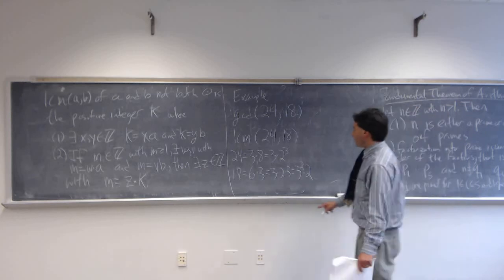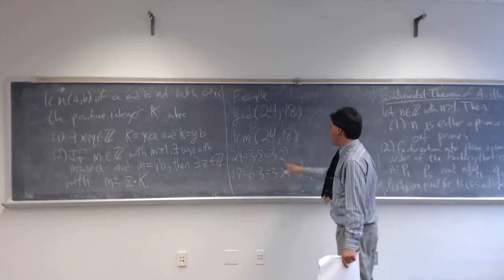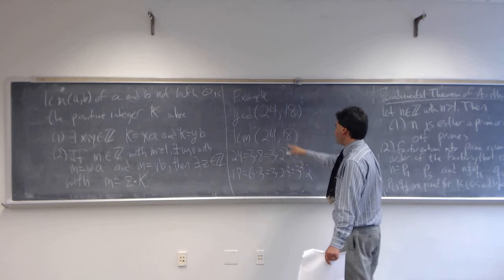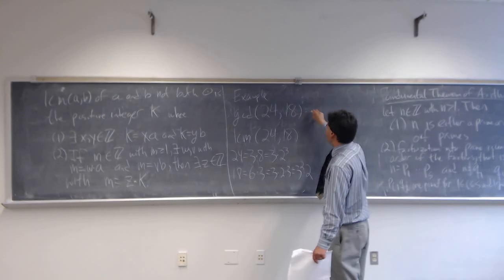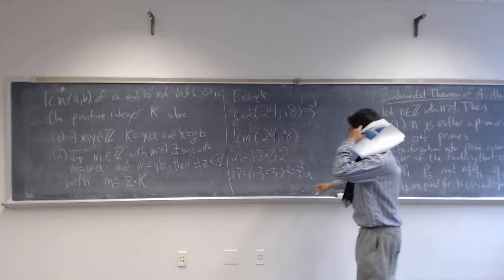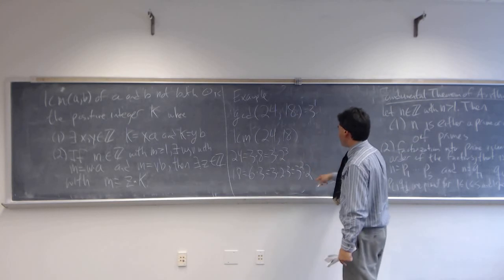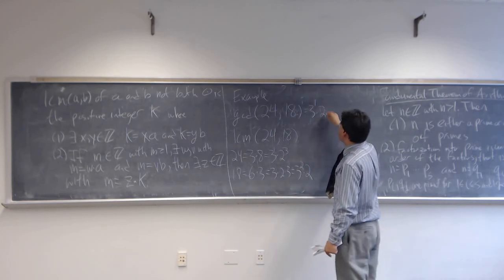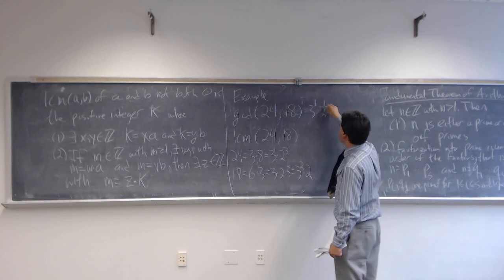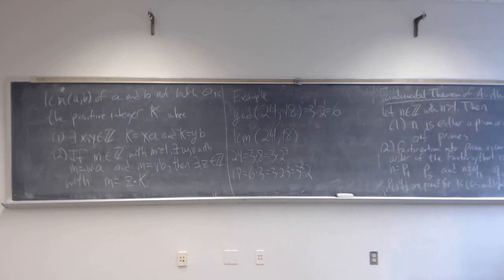So what's the greatest common divisor? This is to the first power. Minimum of 1 and 2 is 1, so it would be 3 to the 1. Minimum of 3 and 1 is also 1, so times 2 to the 1, or just 6 would be the greatest common divisor.